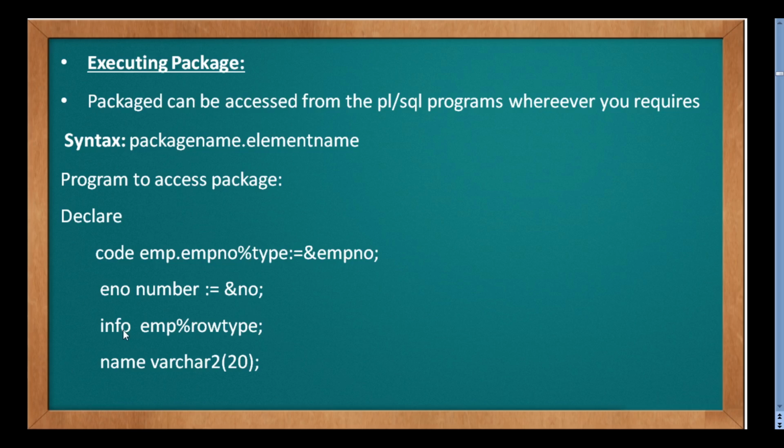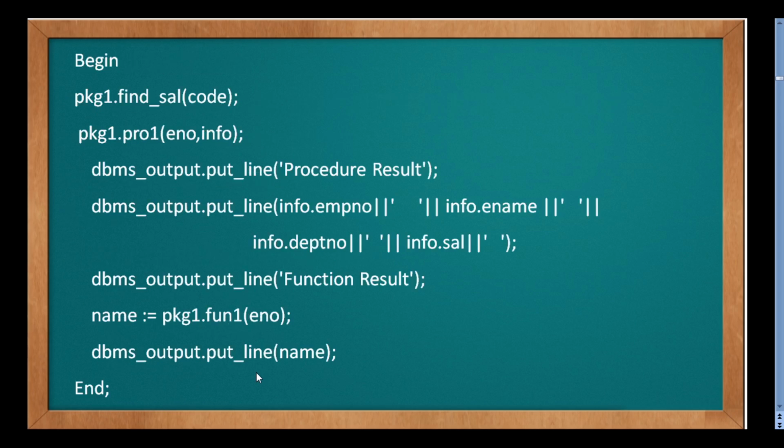Coming to info, one is a %type variable and the next one is a normal variable. I declared one info variable of type employee%rowtype for the employee table, and then name VARCHAR2(20). 4 variables have been declared here.